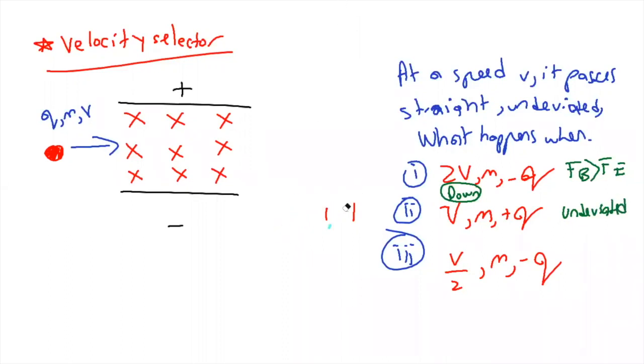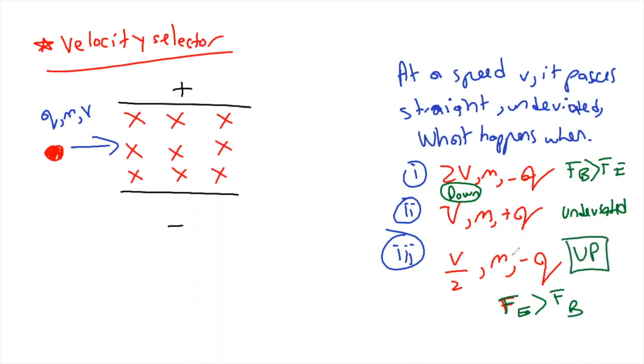Now you know that velocity is proportional to magnetic field. So you should know that if the velocity decreases, the electric force is going to be greater than the magnetic force. Fe is going to be greater than Fb. And because it is minus q, it's going to be attracted to plus, so it's going to go up.